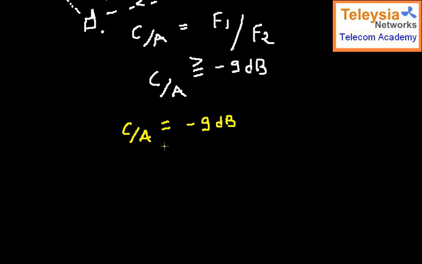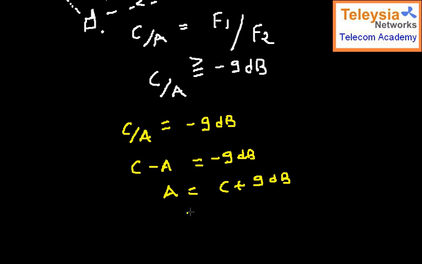Here they are in dB, so I can write C minus A equal to minus 9 dB. So my adjacent channel should be C plus 9 dB or less than that. Let's take an example.